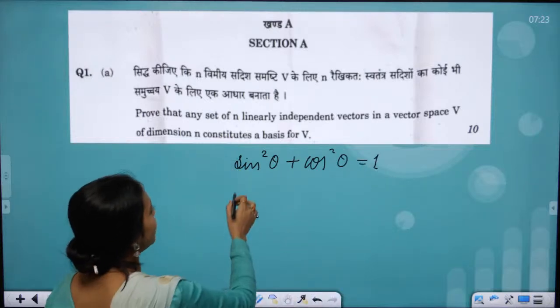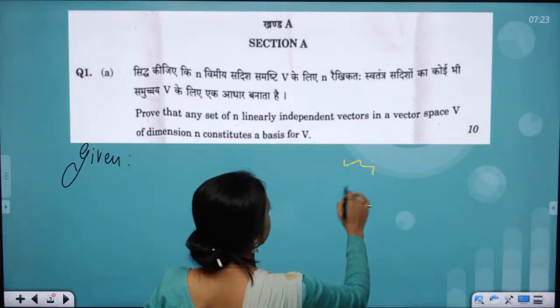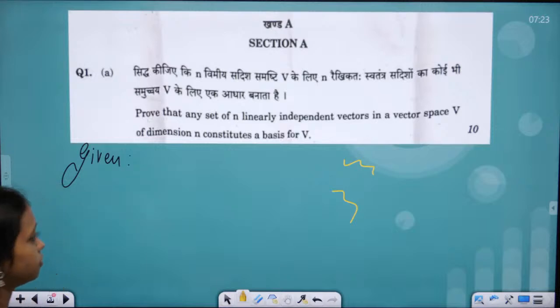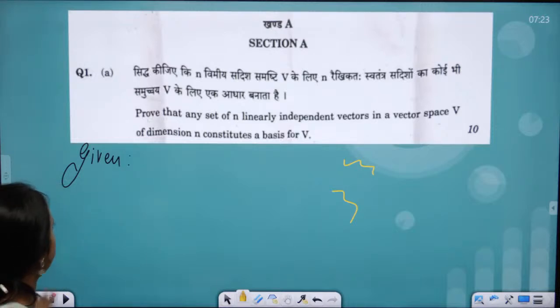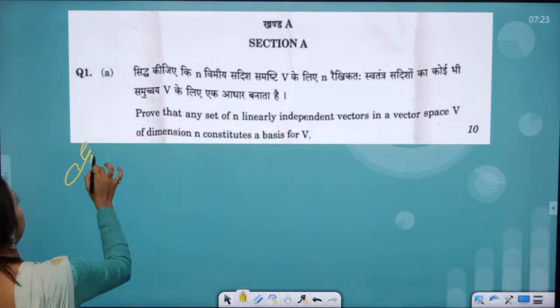But now if you use, which one is better? Yellow is better. Chalo. So what is given to us?